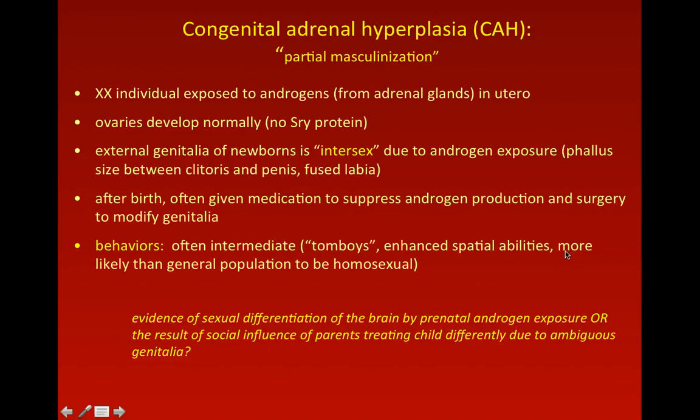And interestingly, they're more likely than the general population to be homosexual, possibly due to organization of the brain by prenatal exposure to androgens that more masculinizes the brain and perhaps leads to a preference to be attracted to women versus men.